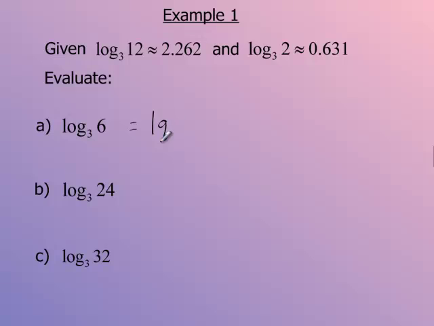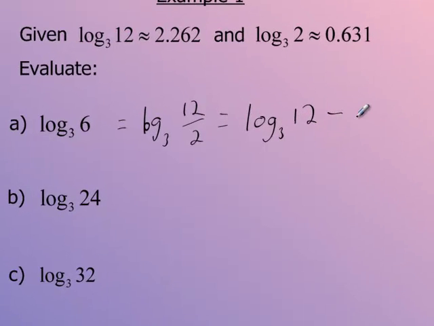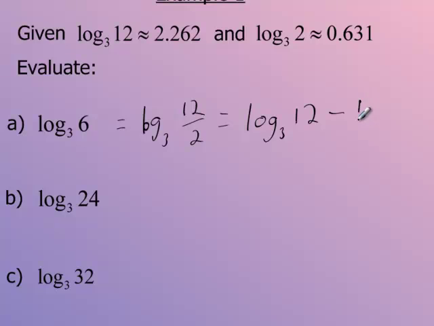So I could rewrite this as log base 3 of 12 divided by 2, which, using the quotient property, is log base 3 of 12, the numerator first, minus log base 3 of 2.